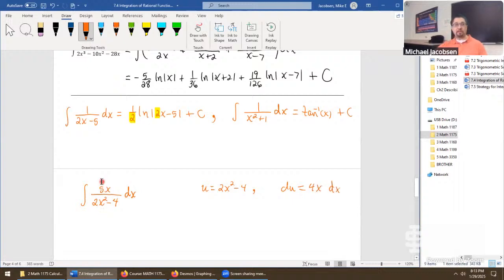I should have put a 4 there, but let's stick with the 5 that we've got. We'll get a 1/4 du is x dx. So this part, x dx, turns into 1/4 du, and we get a fourth. Oh, and there's a 5 there. Let me put out that 5 as well.